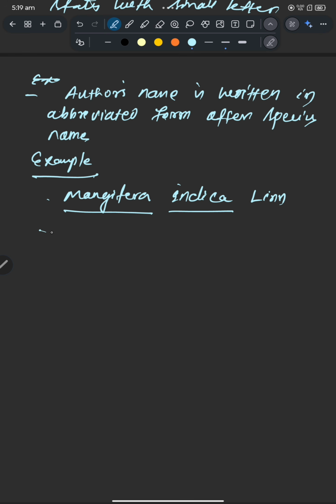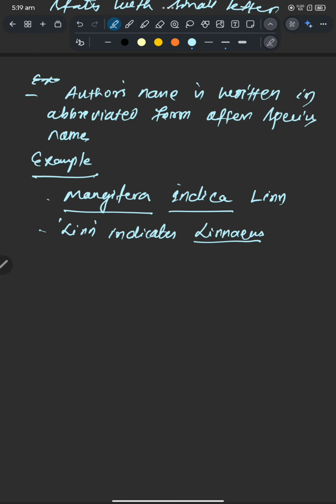Here L indicates Linnaeus. Linnaeus means Carolus Linnaeus has given this name. That's why his name is added in abbreviated form, that is L, after the species.